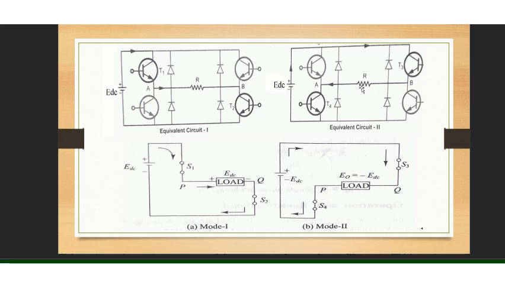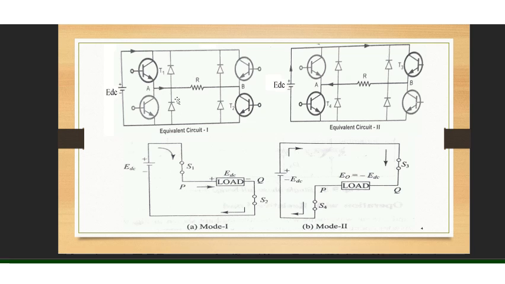Our intention is to convert the fixed DC supply and have variable output across the load. The principal operation, as we observed in the initial classes, is that the load should be connected to the supply in one direction for a few time instants, and in the next time instant it should be connected in the reverse direction. That is what is happening now.